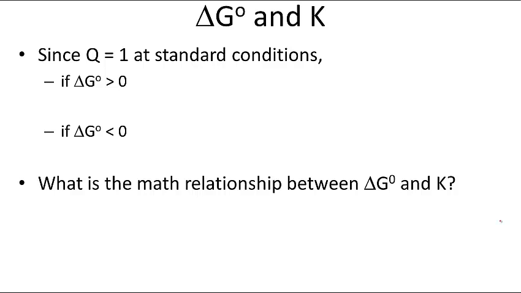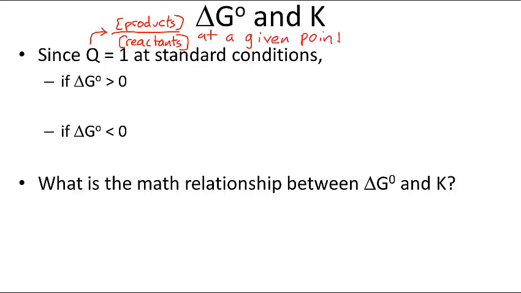Remember, Q is the ratio of products to reactants at a given point in time. So at standard conditions, Q equals 1, because if all concentrations are 1 molar, it's 1 over 1.